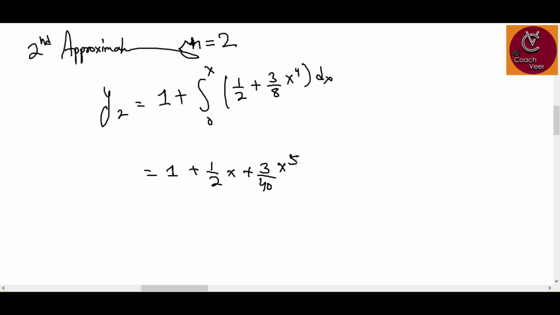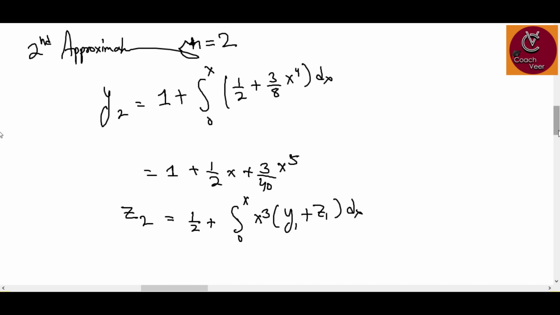In the same way, if you do it for z2, you are going to get half plus integral 0 to x of x cubed times (y of 1 plus z of 1) dx, and then substitute those values.